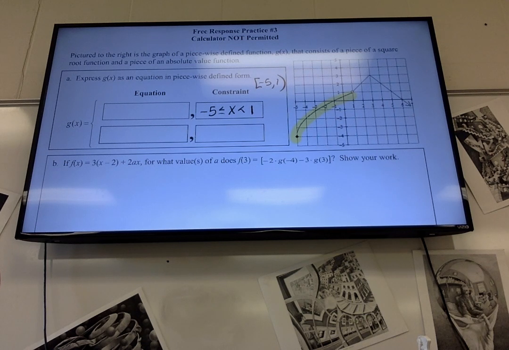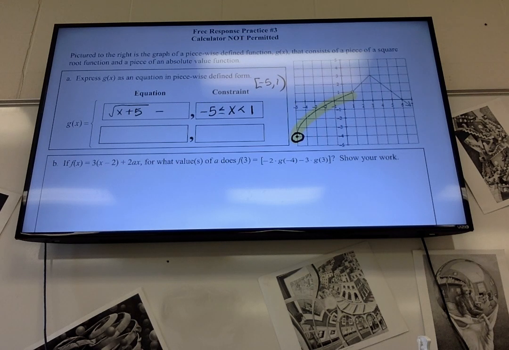Now it's a square root function. So I got to figure out what equation goes with this picture. So I start with this point. This point has been shifted to the left 5, because it usually starts at 0, 0 and goes that way. And down 4. So it would look like square root of x plus 5, because what's under the square root, that's what we set equal to 0.